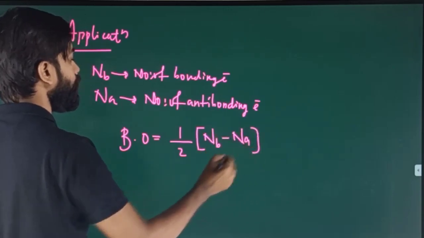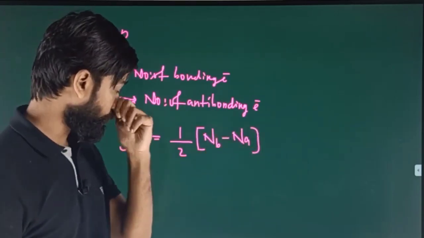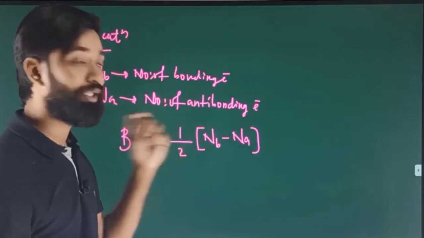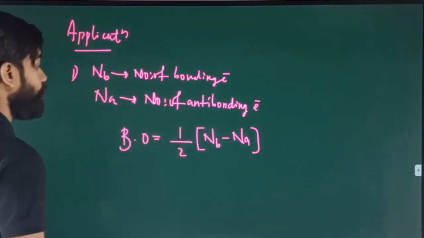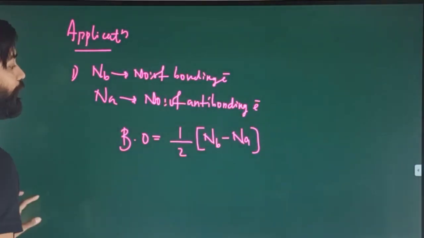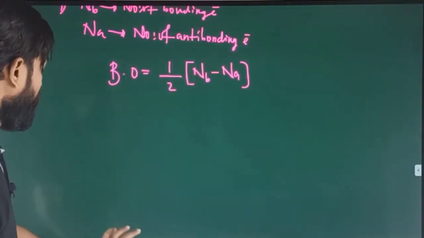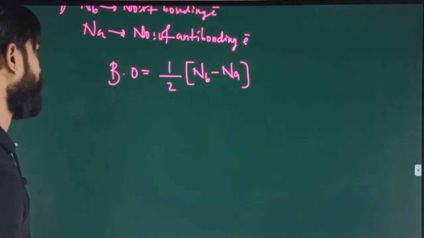So you simply write the configuration, find the number of bonding electrons and antibonding electrons, and take half of that difference. Then you obtain what? The bond order.